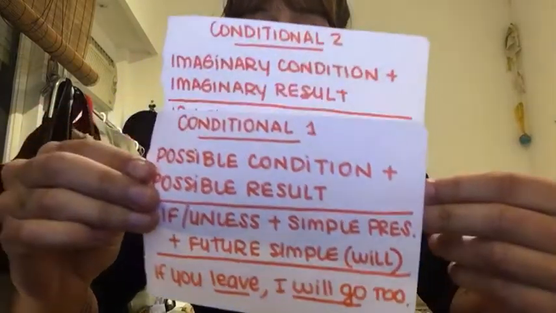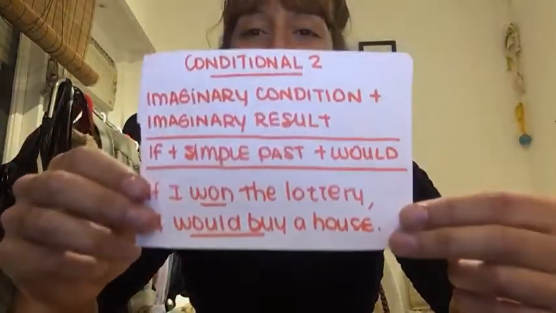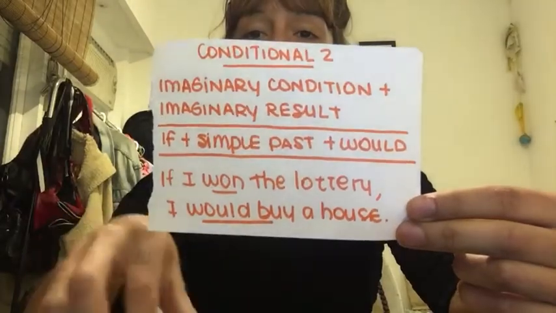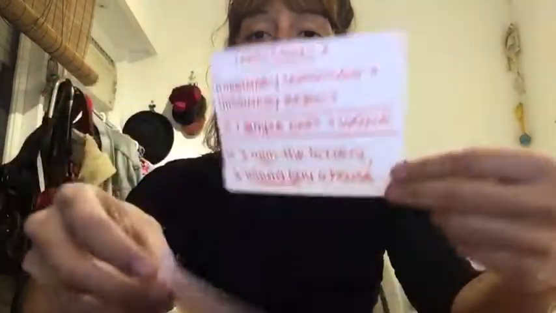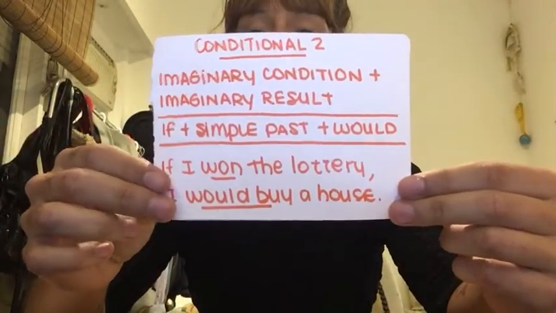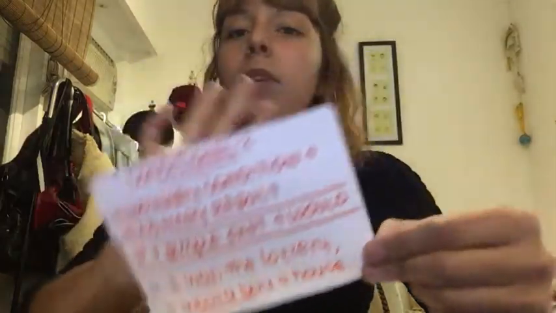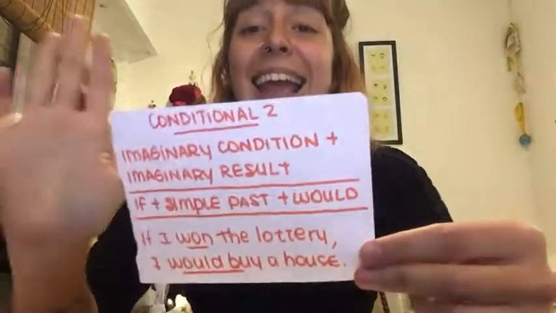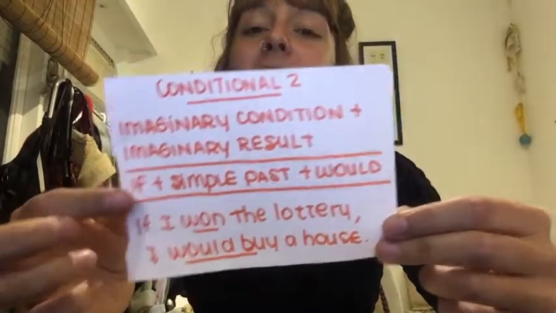Mientras más improbable se vuelve la situación, más atrás en el tiempo se va. Entonces pasamos de probable present a improbable imaginary past. Esto es así, es porque sí. Que el verbo esté en el pasado no quiere decir que la situación esté en el pasado, solo quiere decir que en el presente esa situación es imaginaria e improbable.